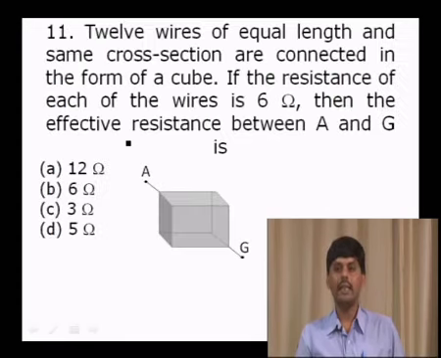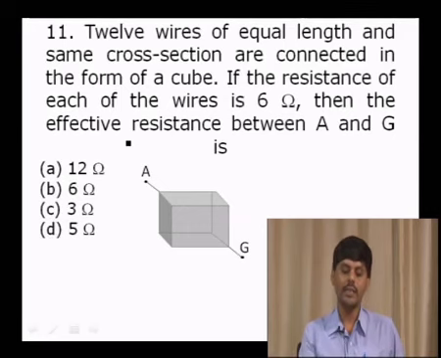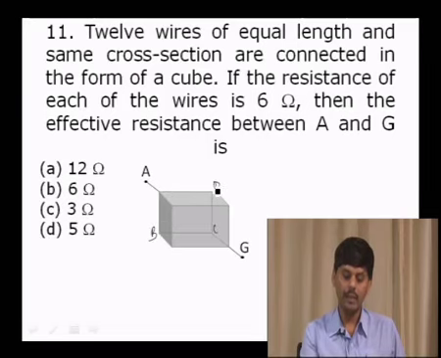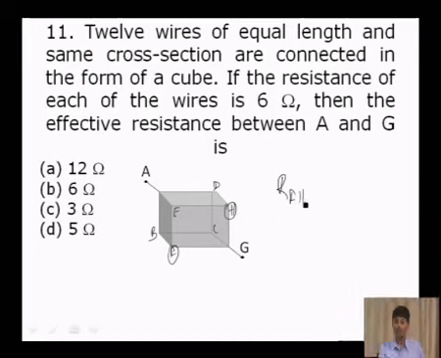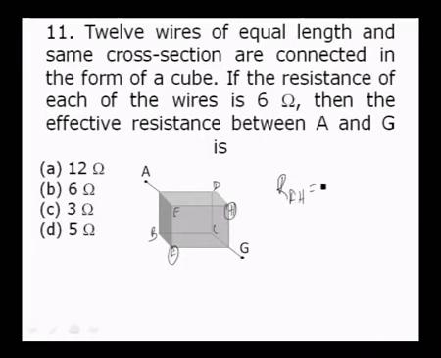Suppose they ask for the face diagonal, say for example, this is the face diagonal. I will name the points B, C, D, E, F, G, H. This is the face diagonal, that is R_FH.